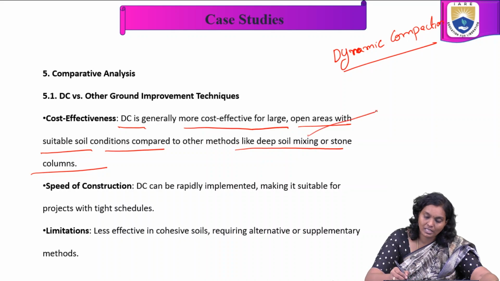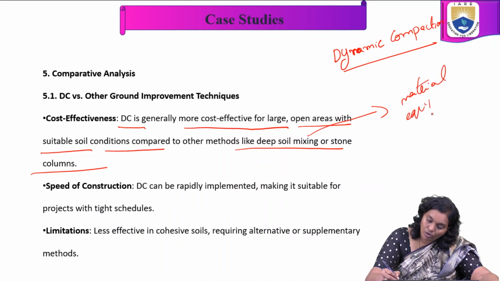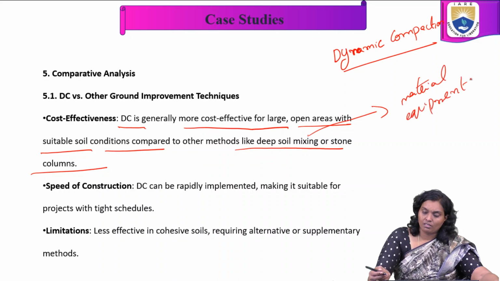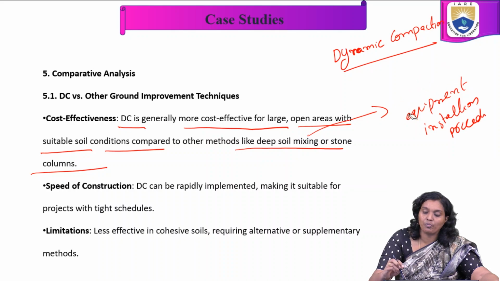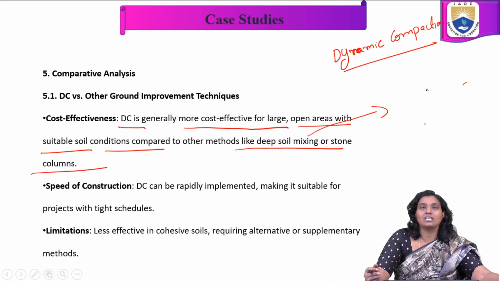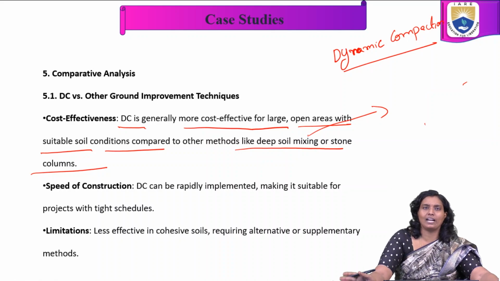Compared to soil mixing, we have to choose material for soil mixing, use equipment for that also, and there is an installation process involved. So these are all involved in the other ground improvement techniques. That's why it is cost effective for large and open areas with suitable soil conditions.